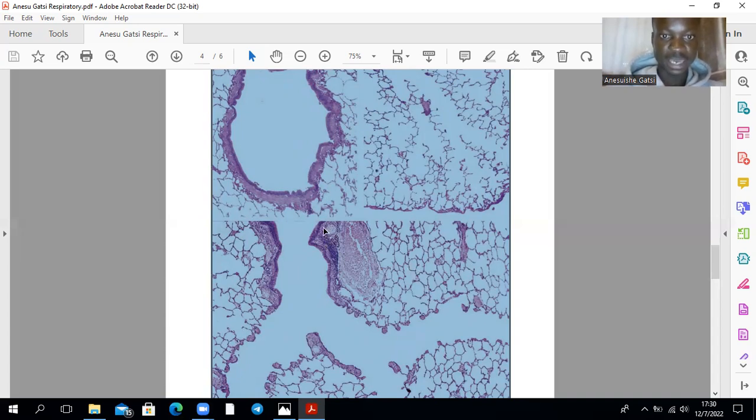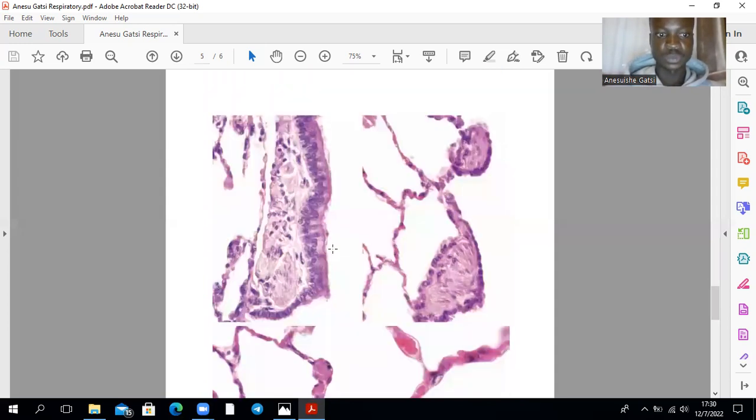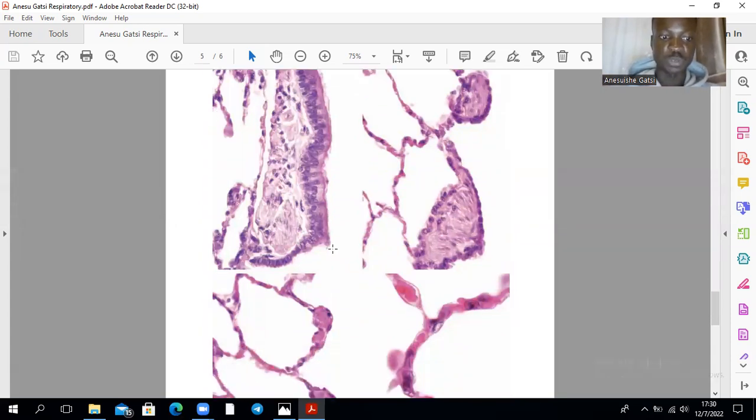Then this here is the lymphoid tissue that I just mentioned. Then this is more of the respiratory bronchioles. Forget what's on the left, look at this on the right. This here is going to be an alveolus.